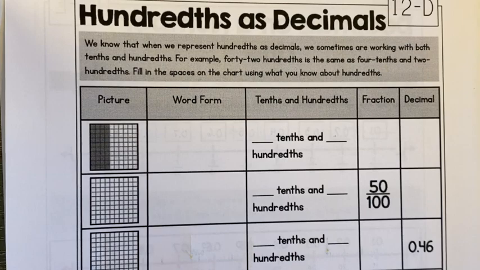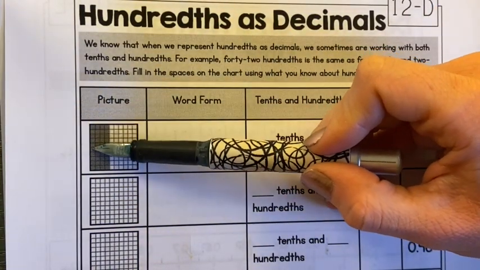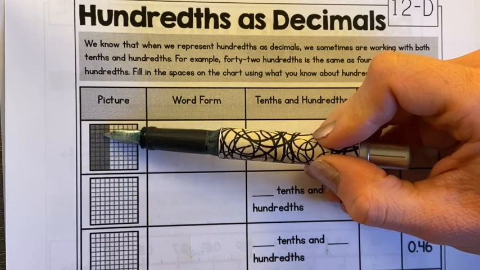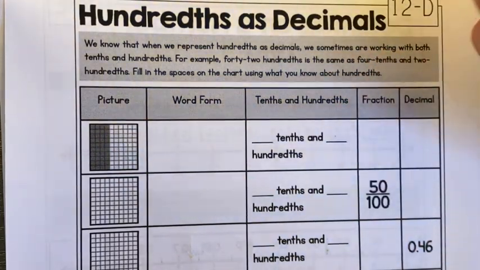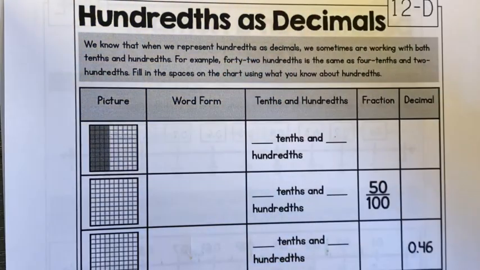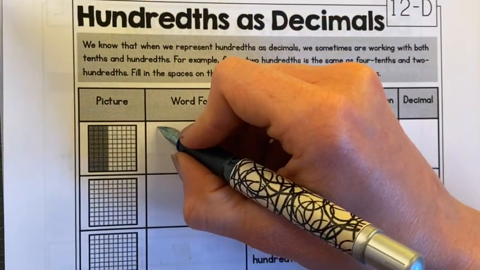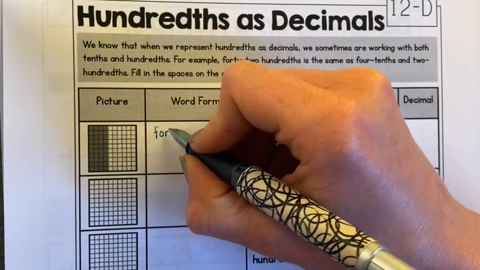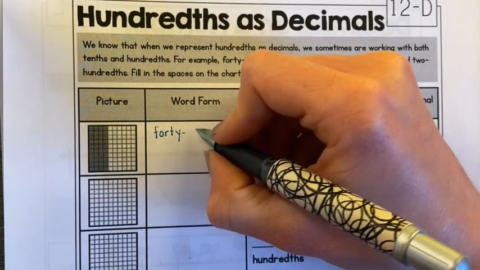We're going to start with the first one. So we have a picture. That's all we have. So our picture shows 1, 2, 3, 4 rows of 10. So that's 40 hundredths.